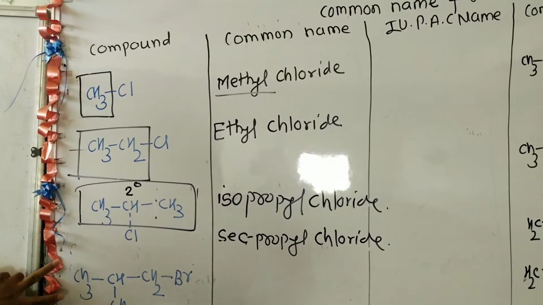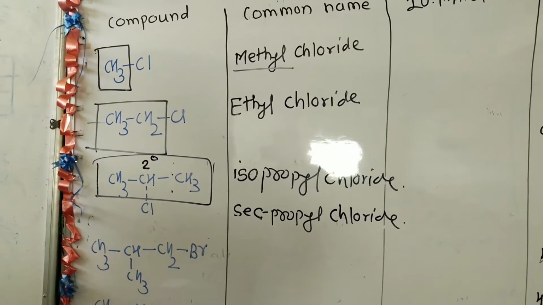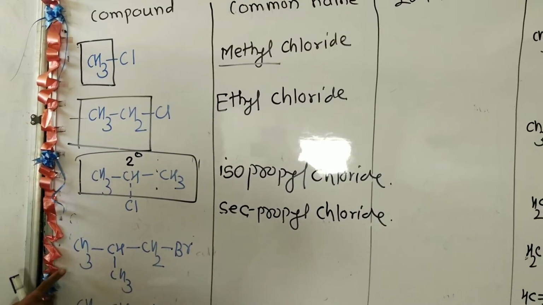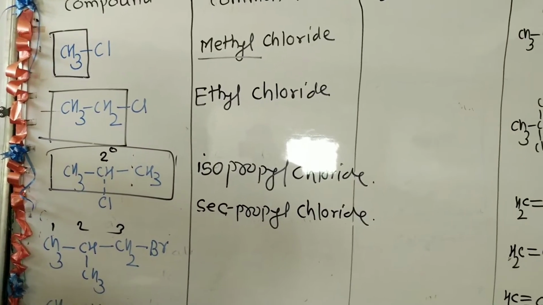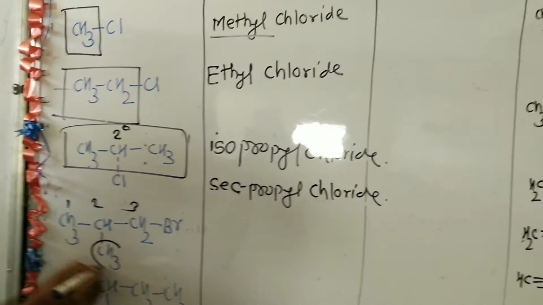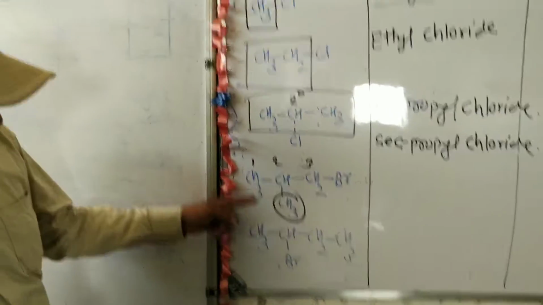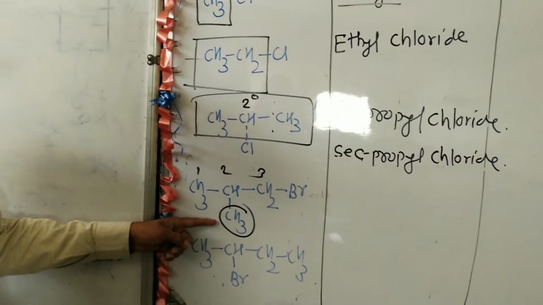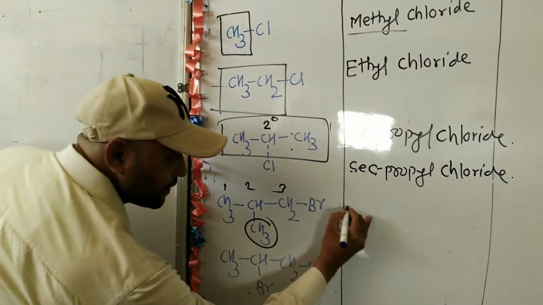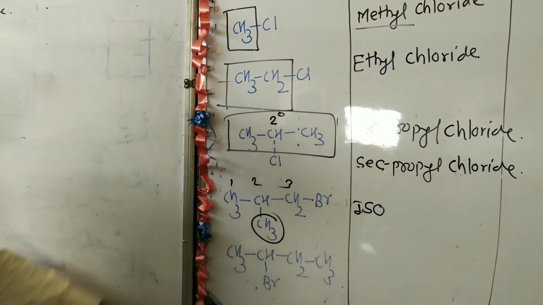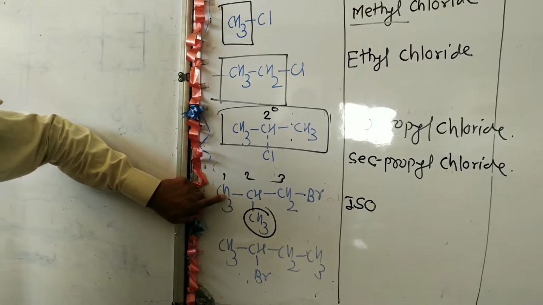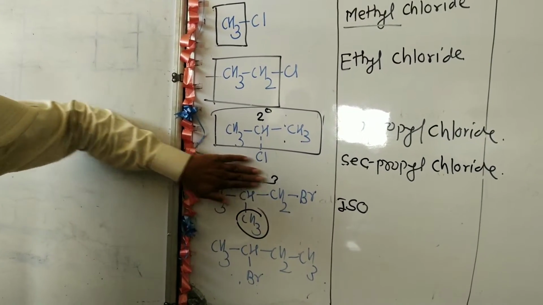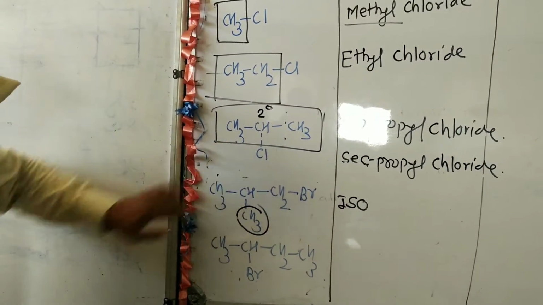Take a next example. In this example, our carbon chain 1, 2, 3. Second number carbon containing methyl group. So it is iso. And 4 carbon alkyl, 1, 2, 3, 4. 4 carbon alkyl is butyl.